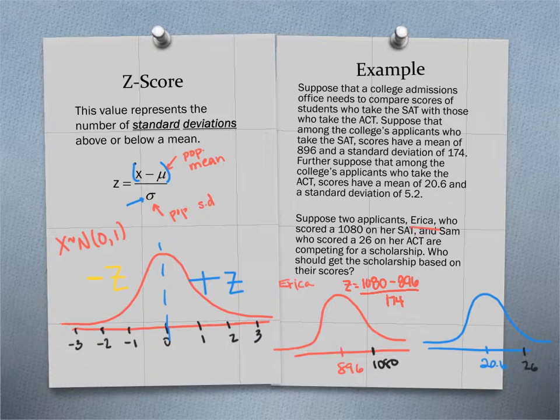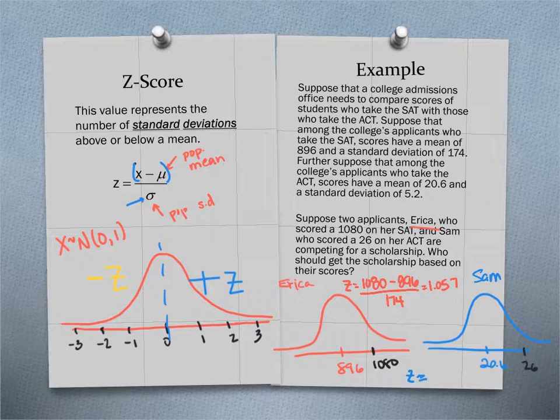So 1080 minus 896 divided by 174 gives us a value of 1.057. Then Sam's z-score.